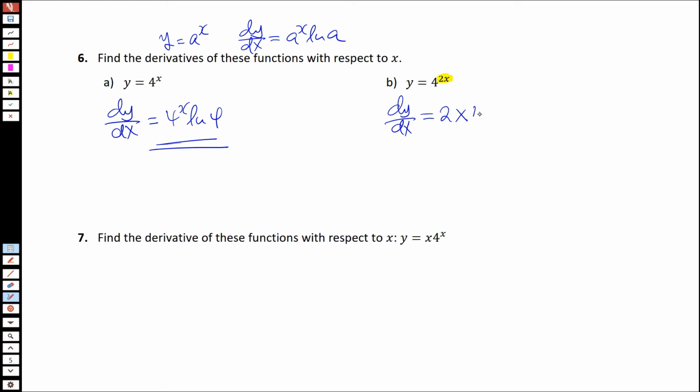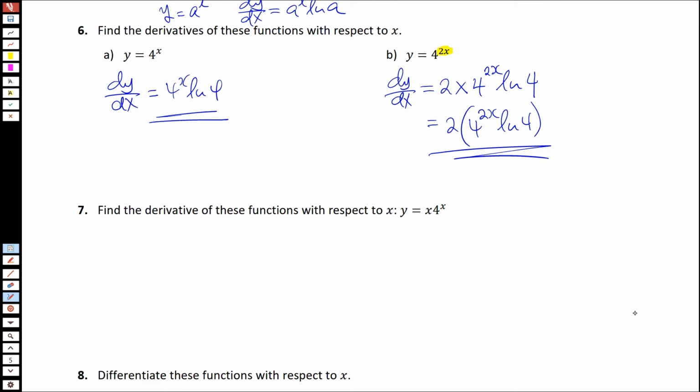A is 4, so 4 to the power x, our x is 2x. Ln of 4. So you can write this as 2 multiplied by 4 to the power 2x ln 4.